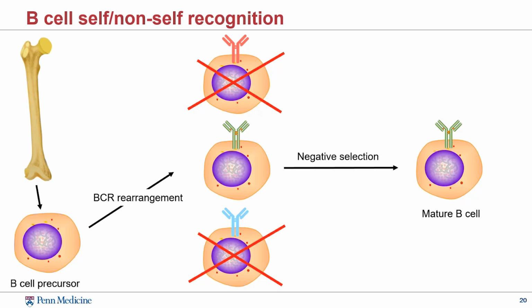The whole idea is your immune system is trying not to have any cells that would react with self proteins. It only wants to have cells that would react with non-self proteins. So during development, any of these antibodies that recognize self proteins will be negatively selected or killed off. And so the only thing that will remain is this mature B cell that does not interact with the self protein.